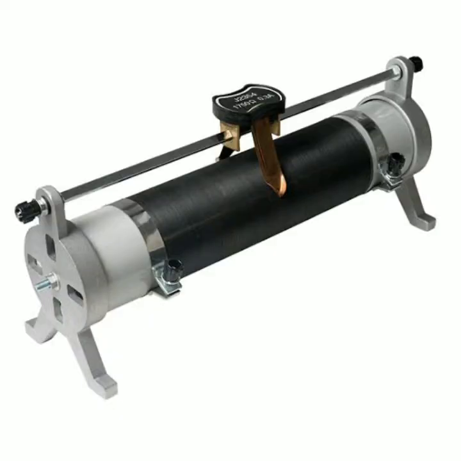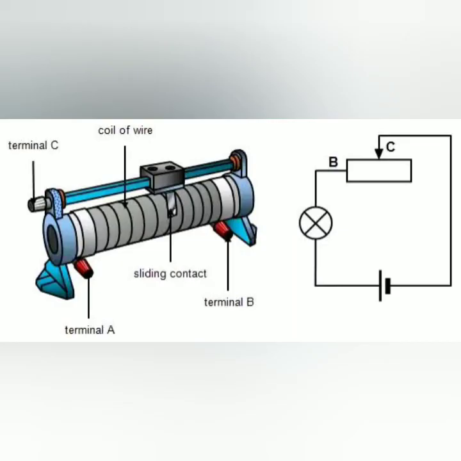It is modeled as shown in the diagram, and its working is as follows. When you start moving the sliding contact to the terminal B, you cut more and more resistance out of the circuit, reducing the resistive path that current needs to take. Hence, this would increase the value of current in the given circuit.